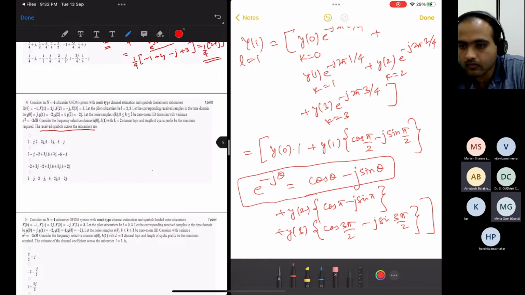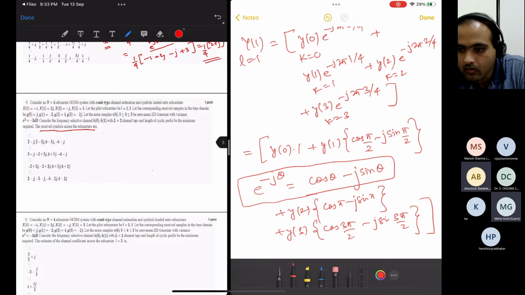One basic doubt. Like y3, all y components are following this e minus j theta is equal to cos theta minus j sine theta. Then only minus j, it is like angle always remains positive.